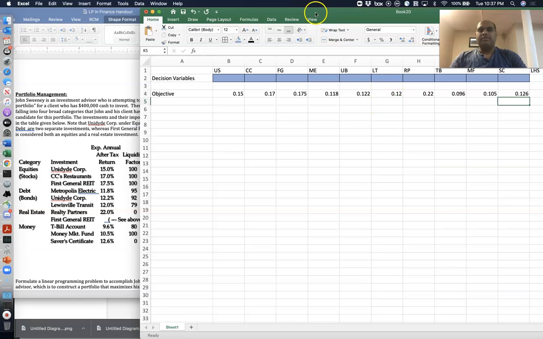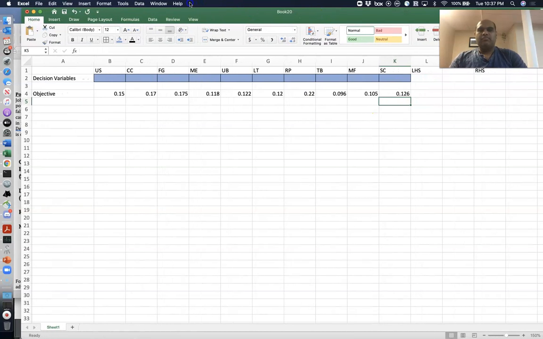So these are all the returns that we have. So that's the coefficients for the objective function.